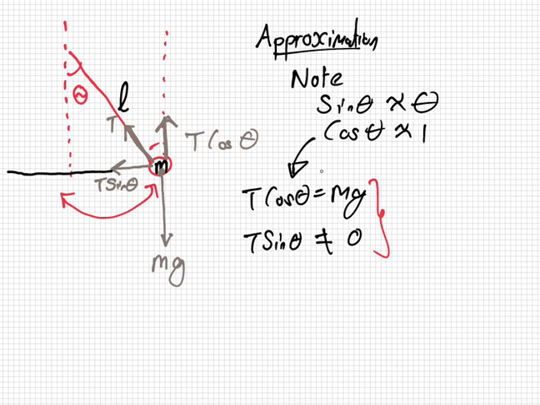If we look at 10 degrees, that would be 0.16. Sine 0.16 is 0.159, so it's still good to 2 decimal places all the way up to 10 degrees. So between 0 and 10 degrees is fine.